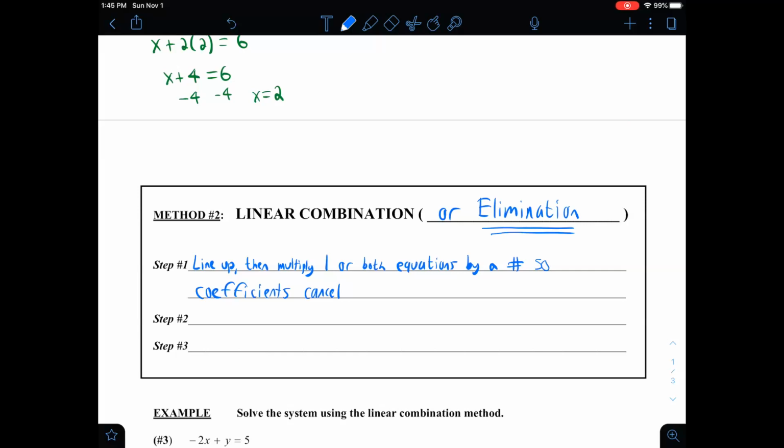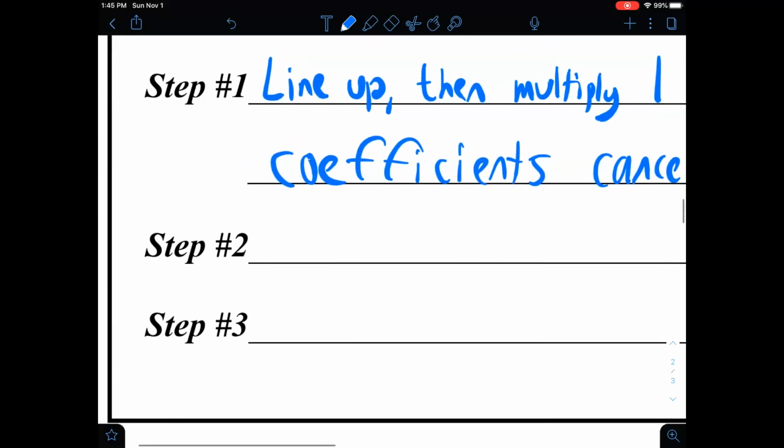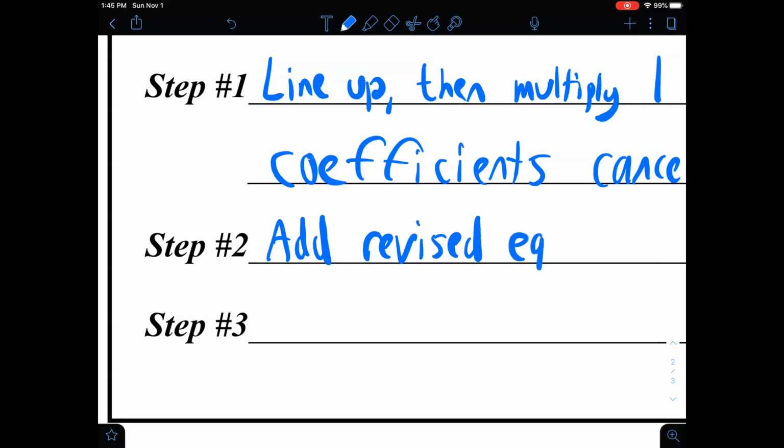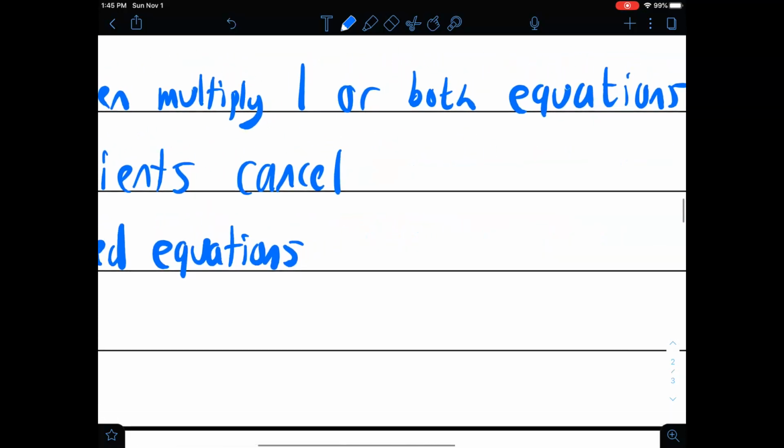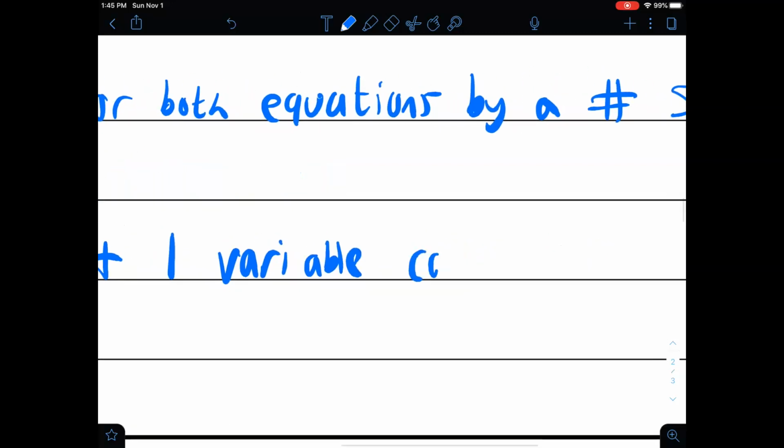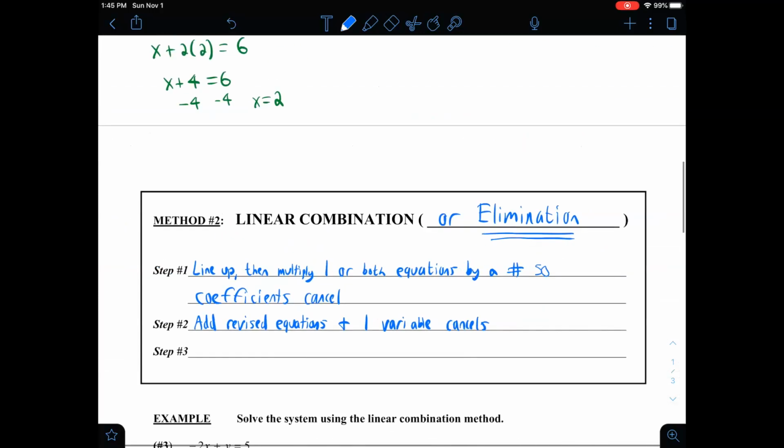That's step 1. Step 2 is to add revised equations, and one variable cancels. Add revised equations and one variable is going to cancel.